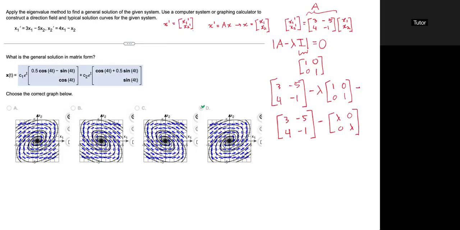We can thus write it in one matrix as 3 minus lambda, -5, 4, and -1 minus lambda. Oh wait, sorry. This one does not equal 0. Rather, the determinant of it equals 0. So we have to make sure not to get that confused.